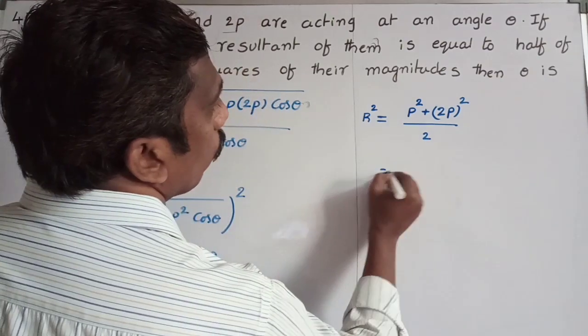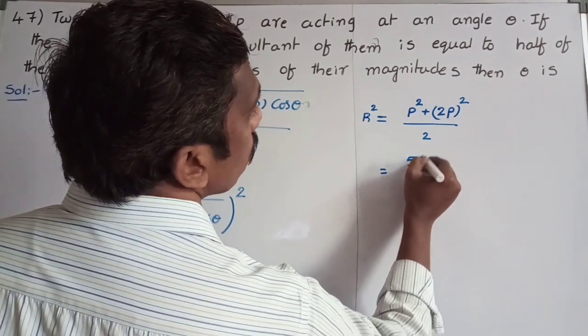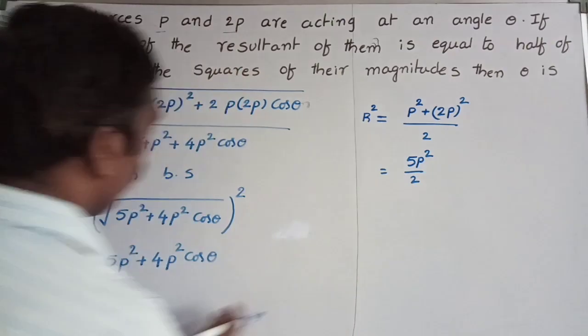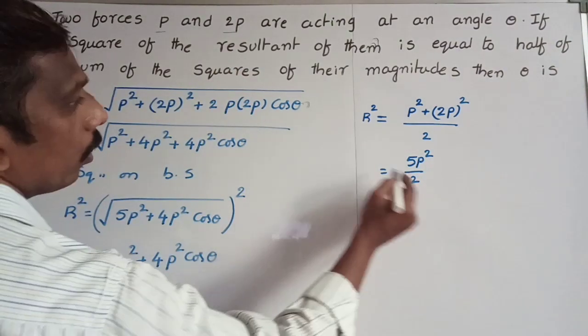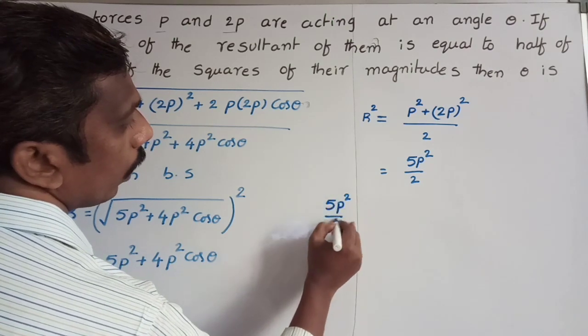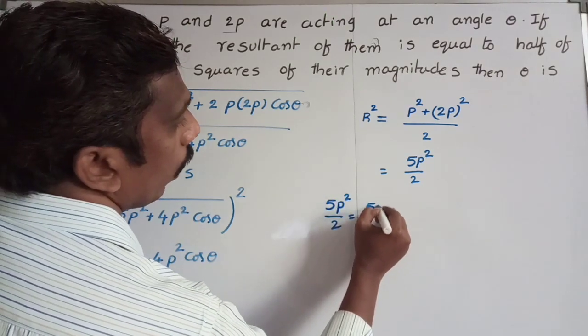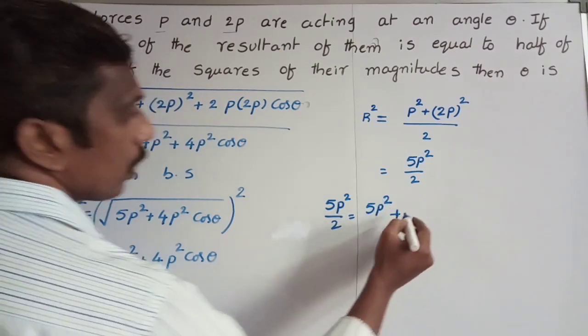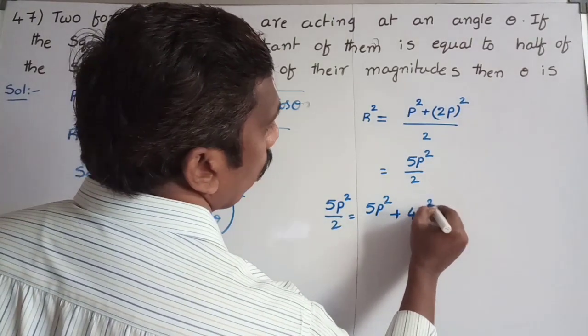From this we can write 5P square by 2. Substitute here, then we get 5P square by 2 is equal to 5P square plus 4P square cos theta.